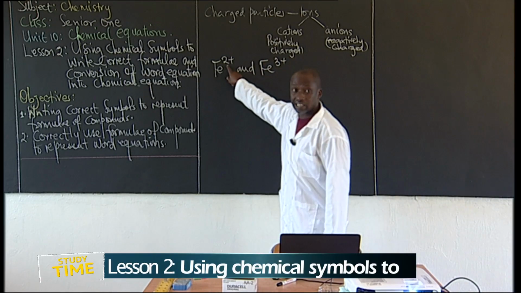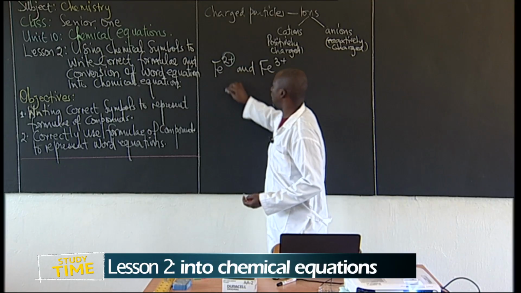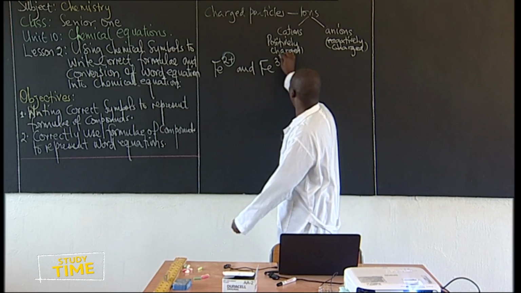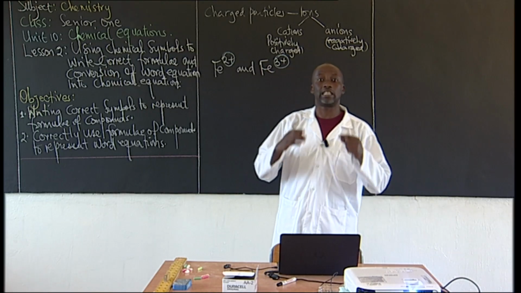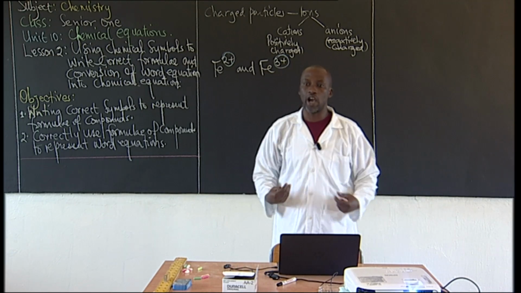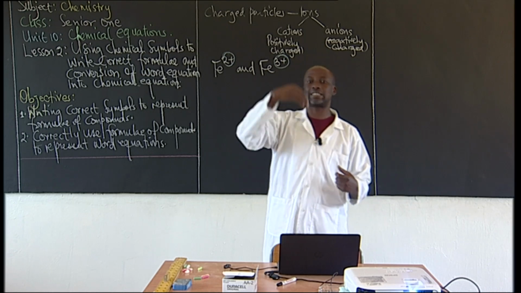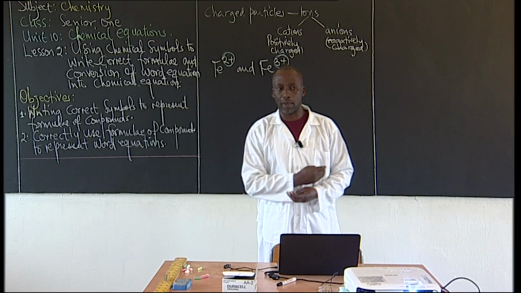So this one has a valence of 2, and this one will have the valence of 3. So remember that there are some elements that have variable valences. So they have valences which are more than 1. So you need to remember that.